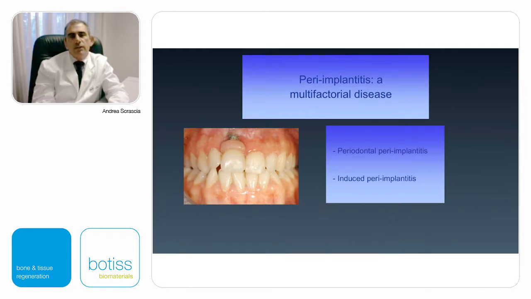Peri-implantitis is a multifactorial disease. There is a periodontal peri-implantitis and an induced peri-implantitis.